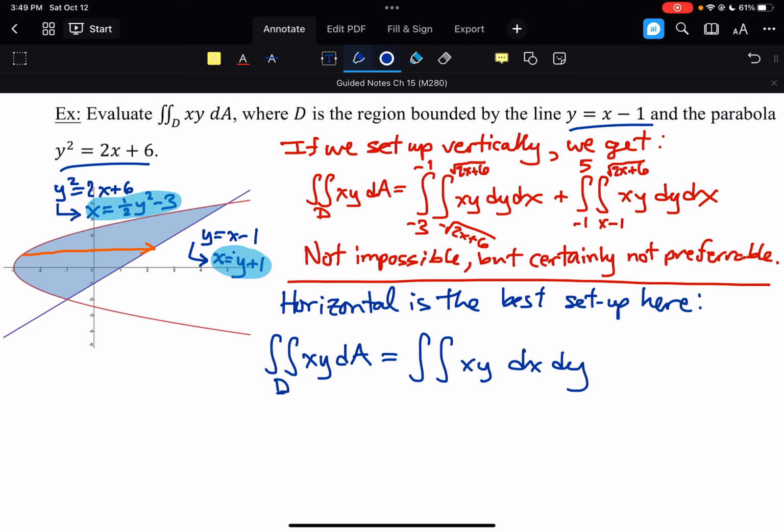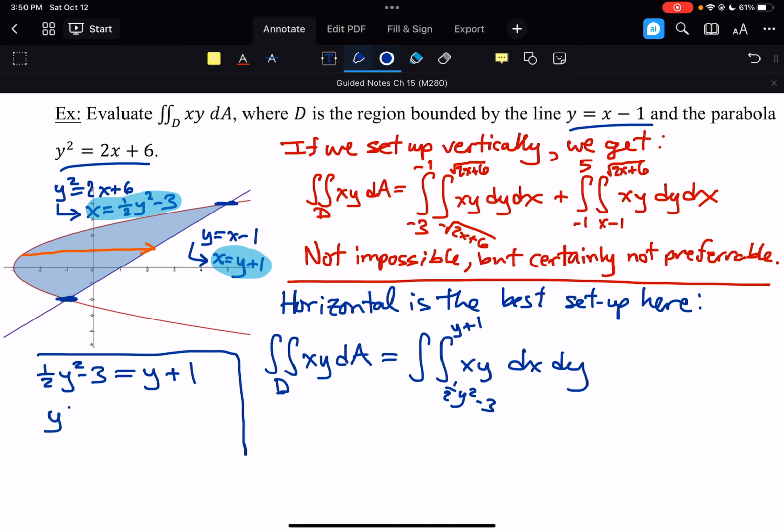Then the y values are going between these two intersection points. So we're going to need to find those points of intersection. So just kind of do this off to the side over here. We'll take 1/2 y squared minus 3 equals y plus 1. And then you can solve this algebraically.